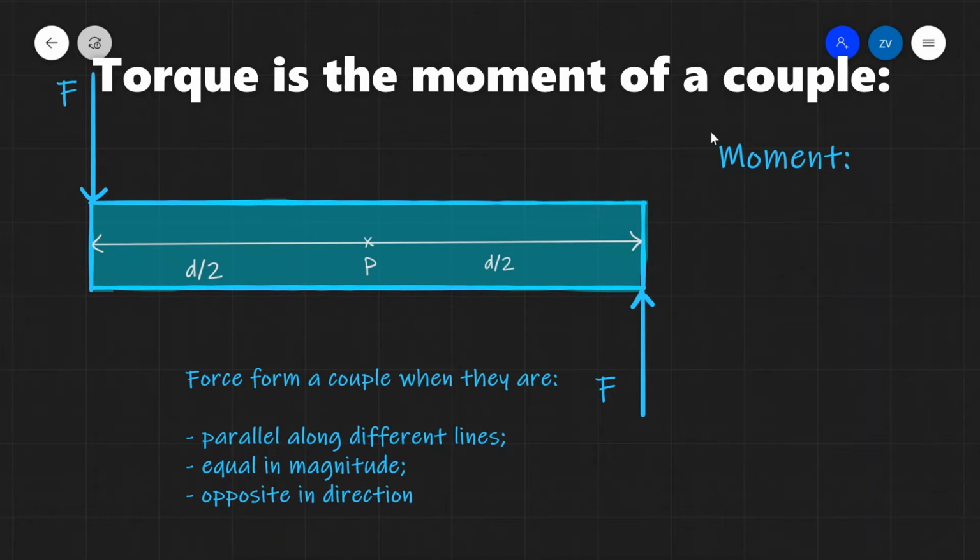We can find an expression for it if we say that our distance between the forces is d, which would mean that if we put our pivot in the middle, the perpendicular distance from each force to the pivot will be d over 2. Let's find the overall moment.